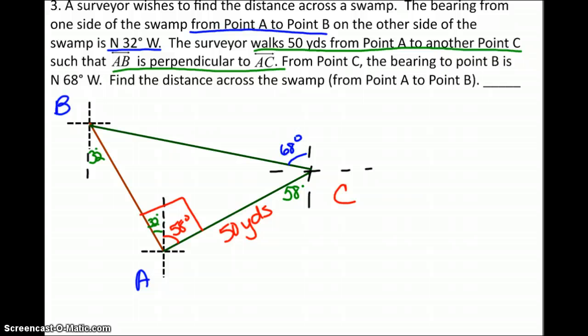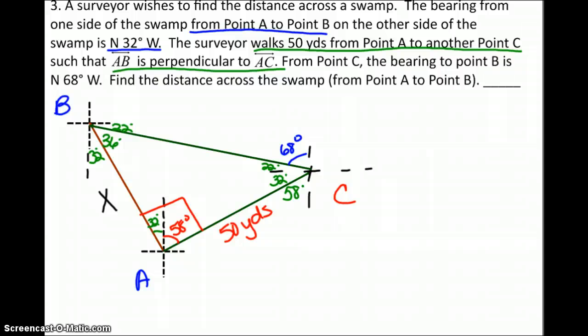So in order to complete a 90, this would be 32 and this would be 22 to complete each quadrant. This would be 36 and this would be 22. All right, we have everything set and all we have to do is find this distance.